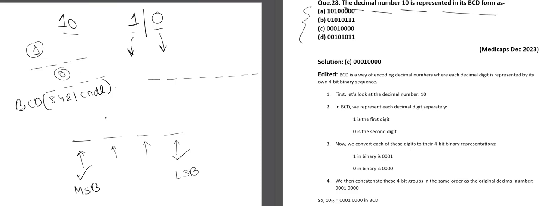which means that for 4 bits we are getting 4 values of 8421. If we write 4 bits here, these 4 bits will have individual values of 8, 4, 2 and 1.